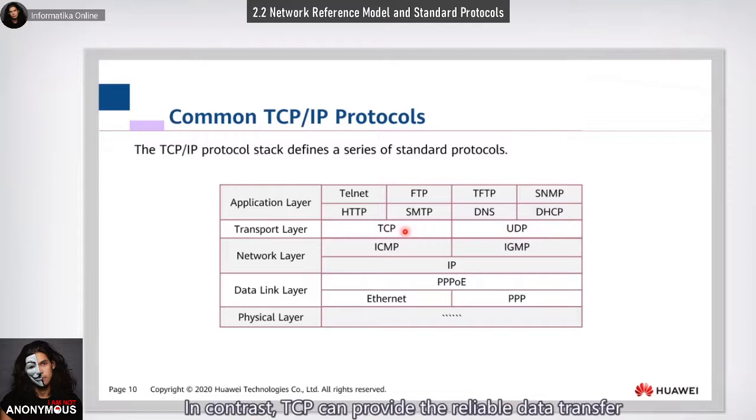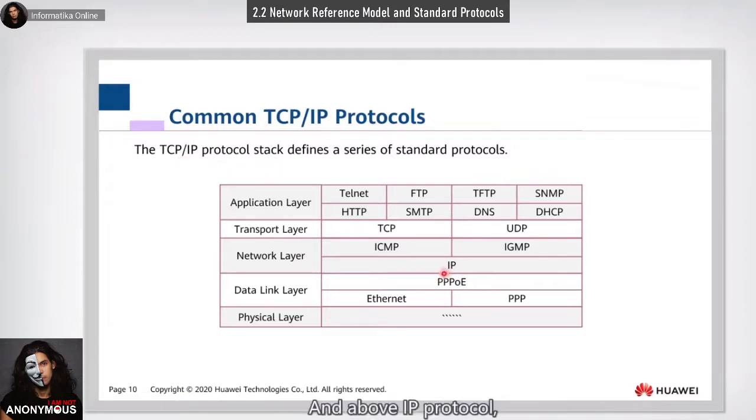In contrast, TCP provides reliable data transfer from sender to receiver, meaning TCP can guarantee the sequence of packets and that there is no error in every packet. As for the network layer, all the network devices need to run the IP protocol, the Internet Protocol. This is the key of the TCP/IP protocol stack, or the Internet.